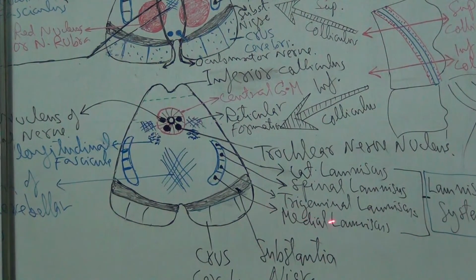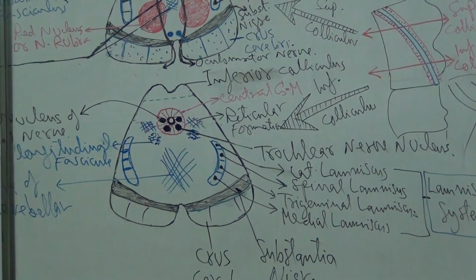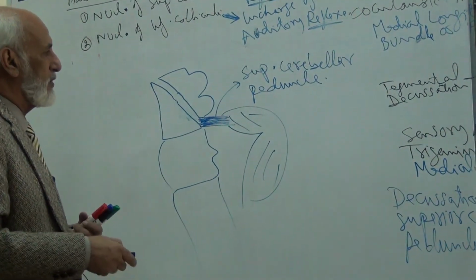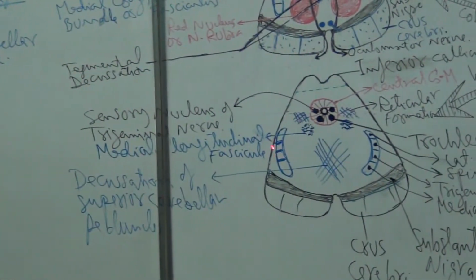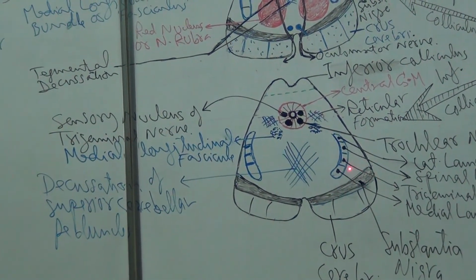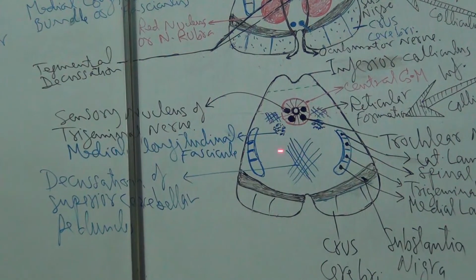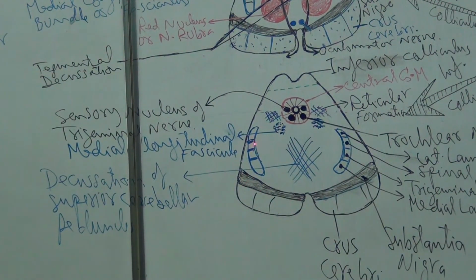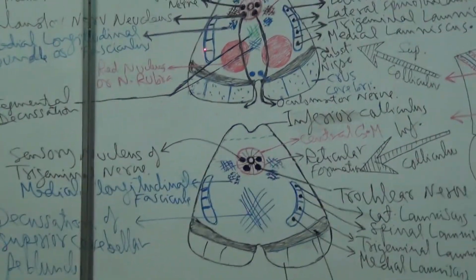And the medial lemniscus is for touch, pressure, and proprioceptive impulses. So these were the four ascending sensory tracts on each side of the tegmentum of the midbrain, behind the lateral part of the substantia nigra. The same tracts continue upwards and will be cut at the superior level also.